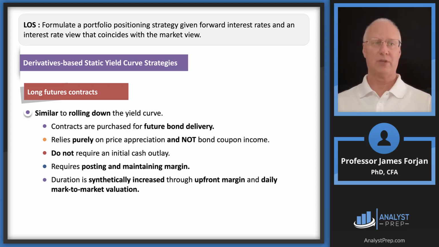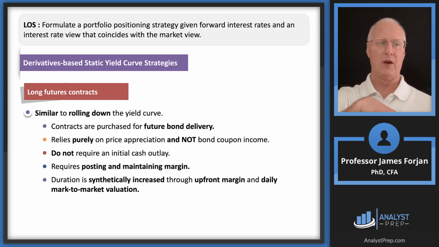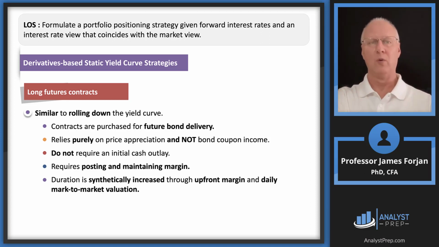All right, how else can we do this? We can do this by layering a derivative. And so this is what I was saying earlier. We can take the long position in a futures contract. This is similar to rolling down the yield curve. And so all we're doing is saying, all right, let's take the long position, which means we're agreeing to buy, let's say, a treasury bond at some point.